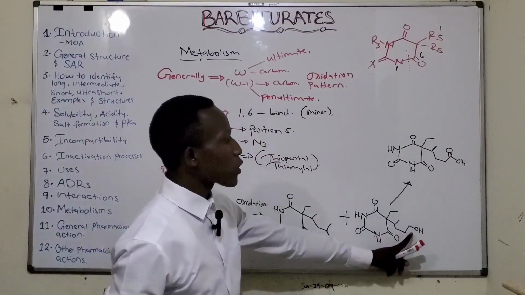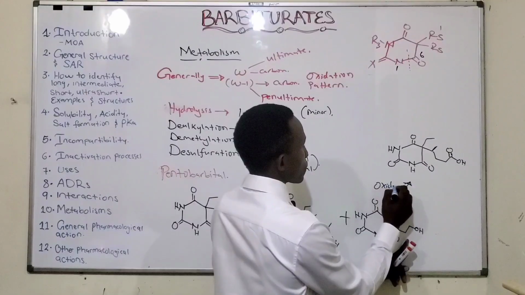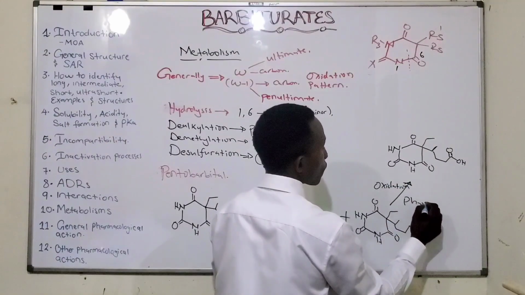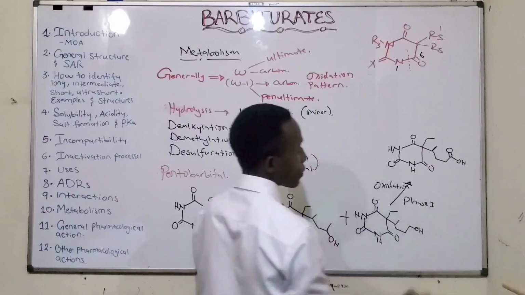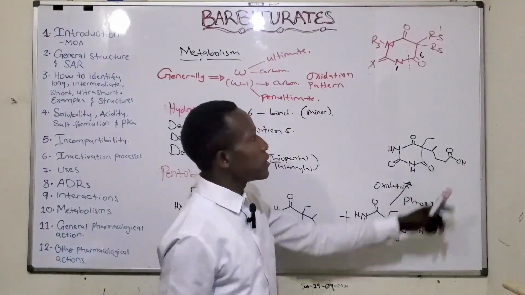We continue to oxidize this one. This is oxidation still, and it is still phase 1 metabolism. Remember, we form the carboxylic acid.